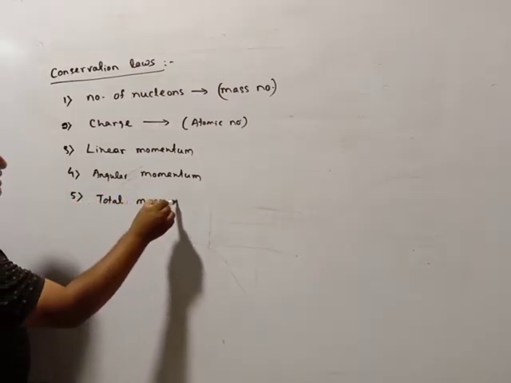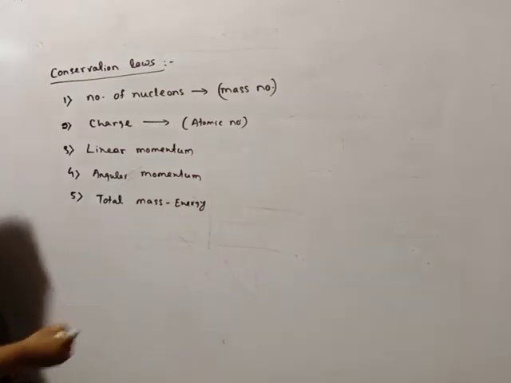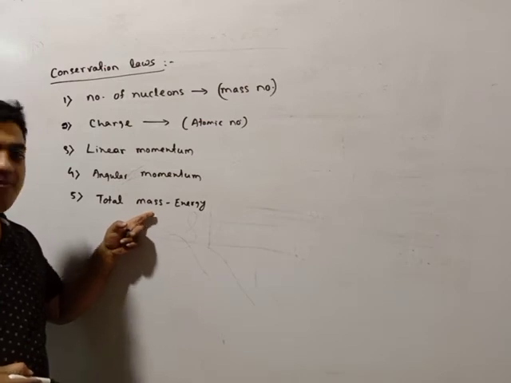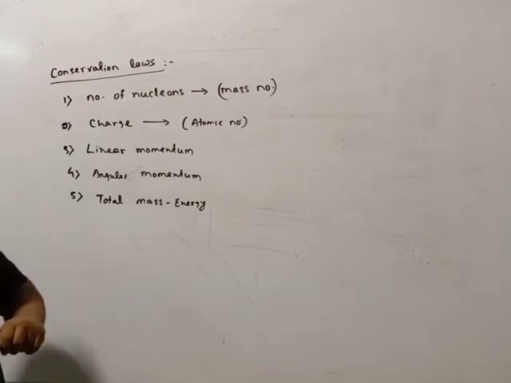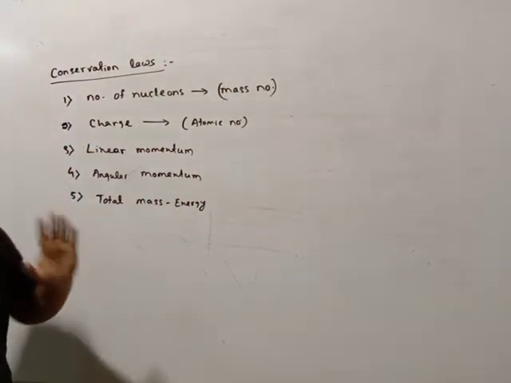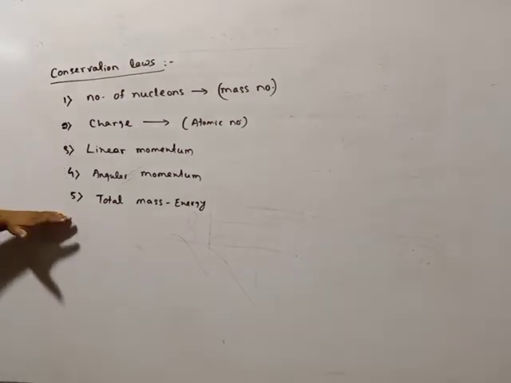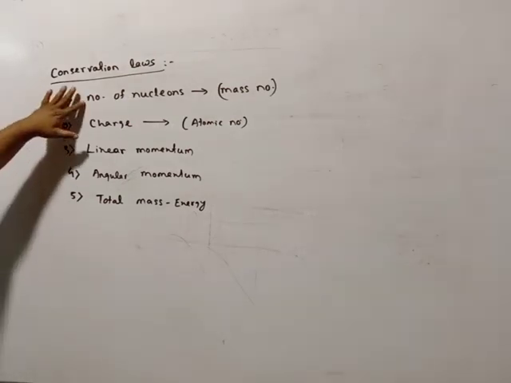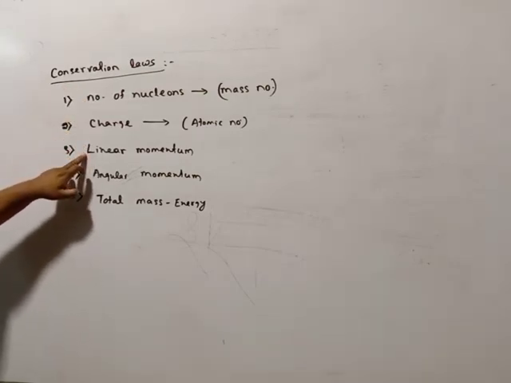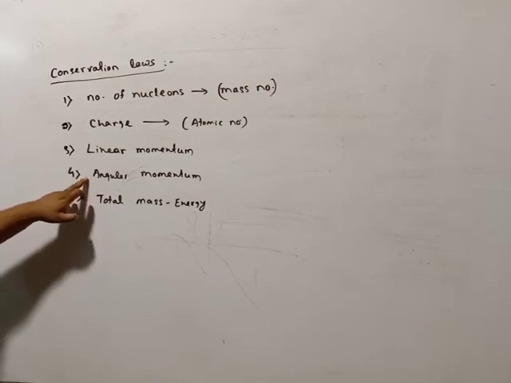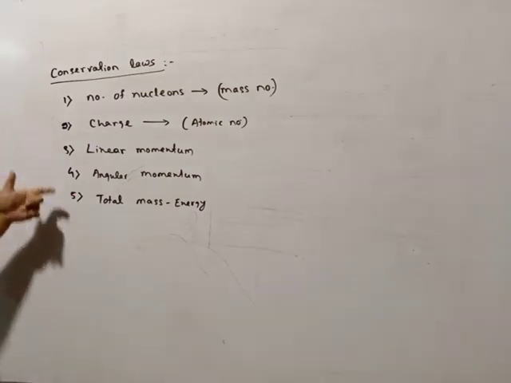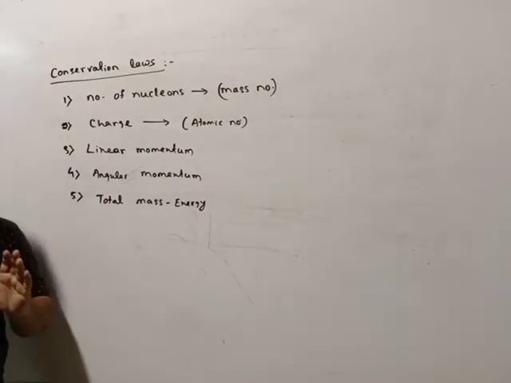Fifth, total mass energy is conserved. So, kinetic energy of reactants plus equivalent energy of mass of reactants must be equal to kinetic energy of products plus equivalent energy of mass of products. So, these 5 quantities are conserved in a nuclear reaction: number of nucleons, charge, linear momentum, angular momentum, and total mass energy.